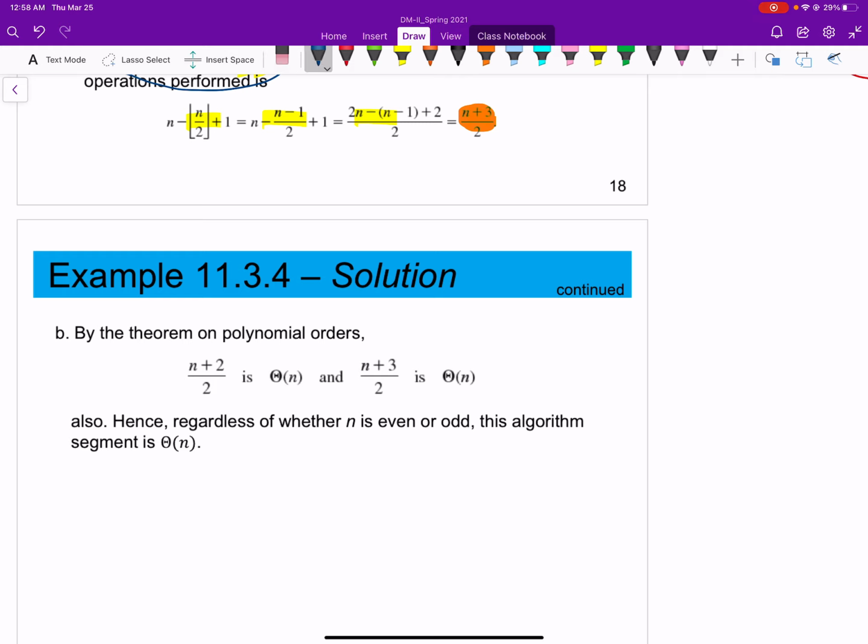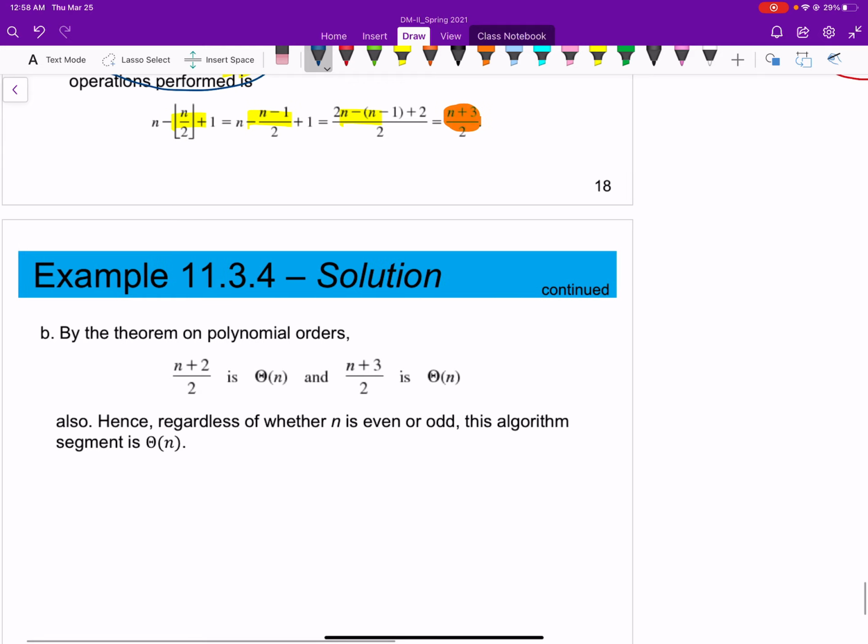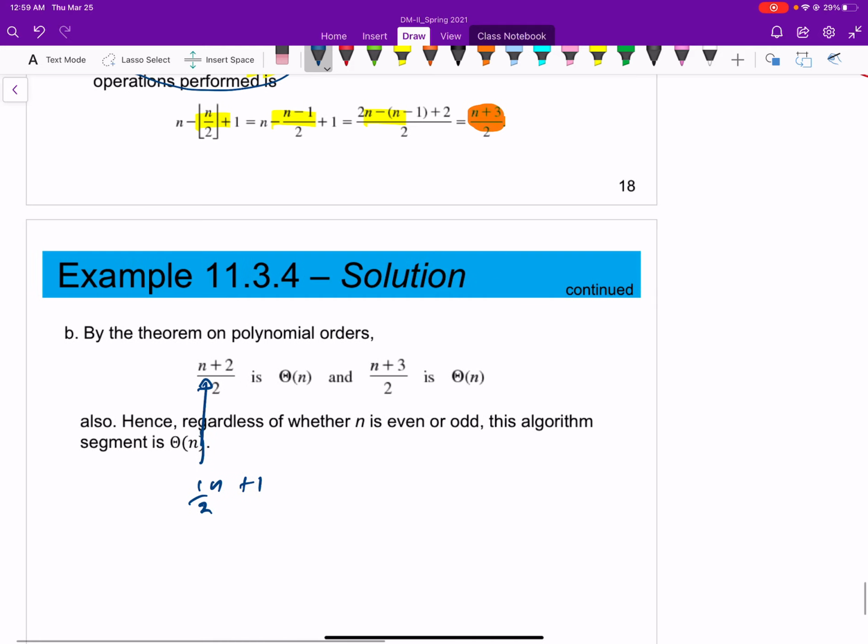This is similar to half times n plus 1. This is similar to half times n plus 3 over 2. For both cases, you have only n here. So the order is theta n.